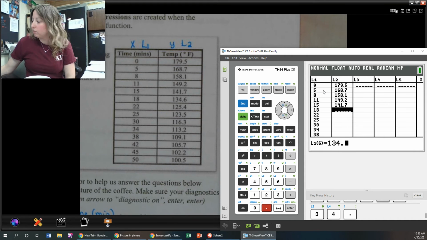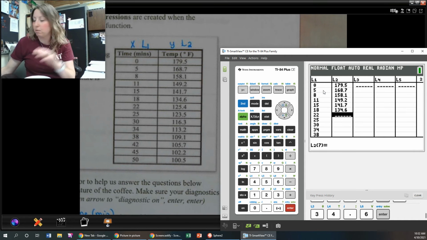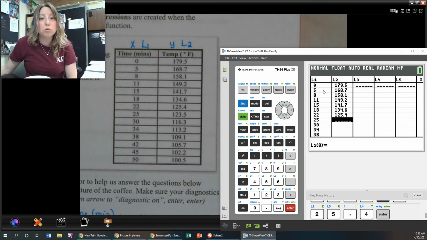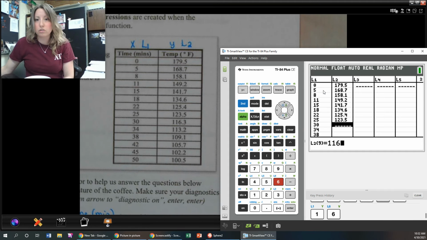Notice I'm kind of checking myself as I go, looking back and forth at my data as I'm entering. When I have the physical graphing calculator, it certainly makes it a bit easier on me, but since I'm using the computer one so that you can see all my moves, it takes a little bit longer to enter the data. So take your time, make sure you're entering the data properly. That's a big deal. You need to analyze the correct data.